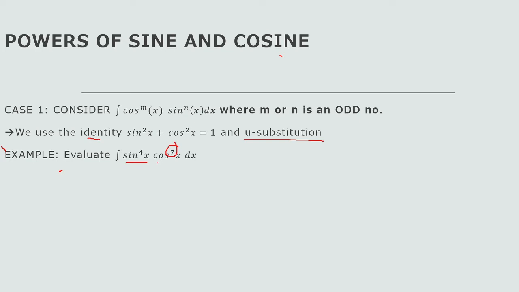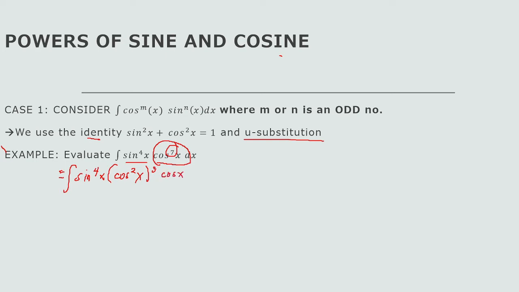What we're going to manipulate here is the exponent that has the odd number. Therefore, we will manipulate cosine of 7x. So we can say that this is cosine squared x to the power of 3, then we still have cosine x left.